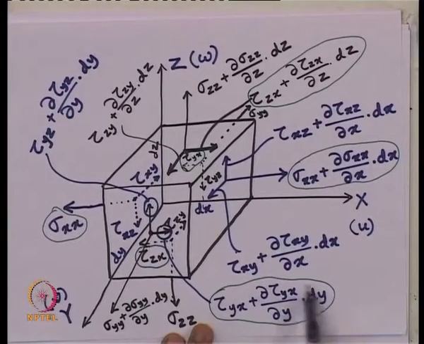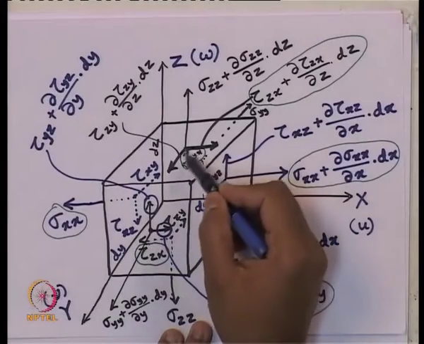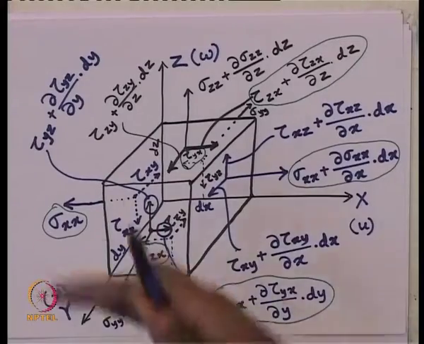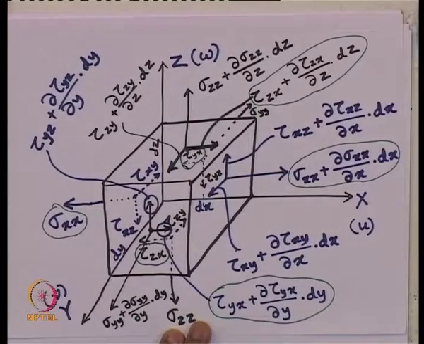Plus, let us see what else we have in x direction. We have this force acting on the y plane and this force acting on the y plane. The net resultant of that should be in the rightward direction, and it is acting on the y plane. What is the dimension of this y plane? dx dz.